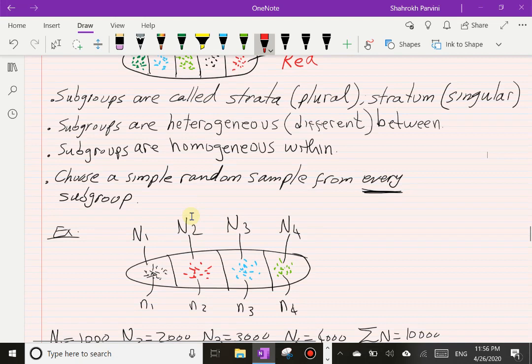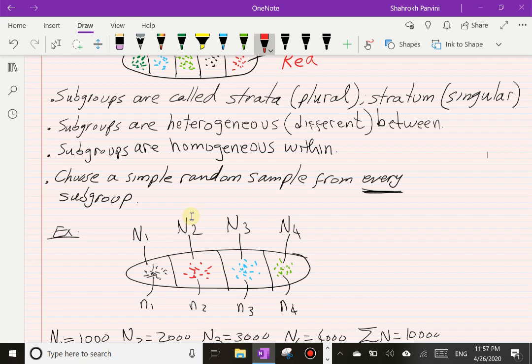And here's my example. Let's say in this example, I have partitioned the population into 4 subgroups. The capital N1, that's the population, the total population in the first subgroup, N2, the second population, third and fourth. Now, I want to choose a sample of whatever size.